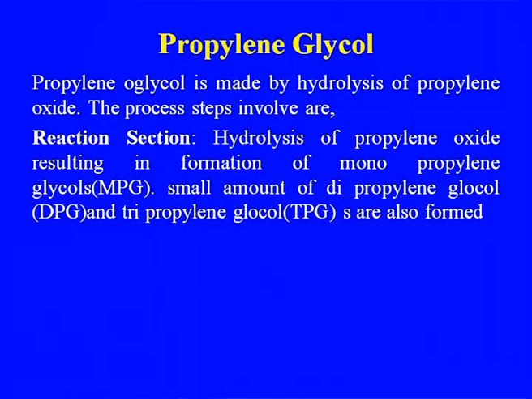You will have to control the amount of water in the hydrolysis. So propylene glycol is made by hydrolysis of propylene oxide. The process steps involve the hydrolysis of propylene oxide resulting in the formation of monopropylene glycol, a small amount of dipropylene glycol and tripropylene glycol.